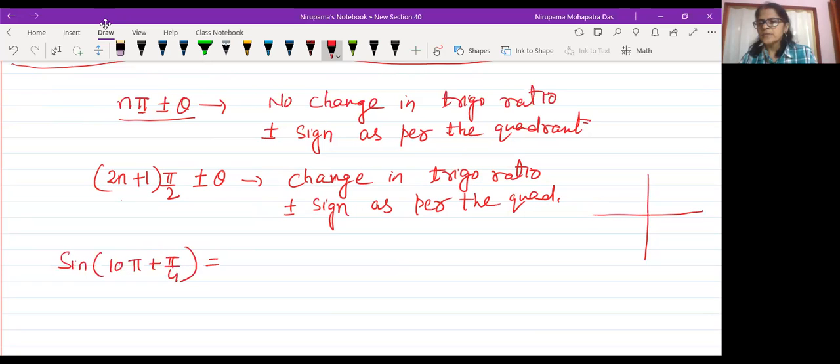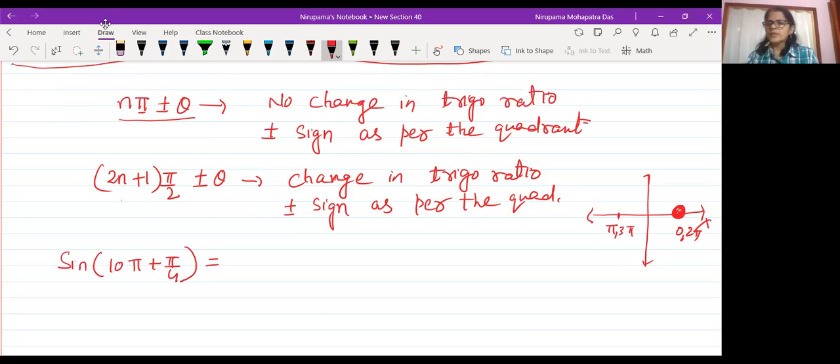You see, whole trigonometry will be only in two axes, you can say. You are starting from here, 0, here it is pi. Now here 2 pi, here it is 3 pi. So on the x-axis, to the right of origin, in the positive side of x-axis, all the angles are like 0, 2 pi, 4 pi, 6 pi, like this.